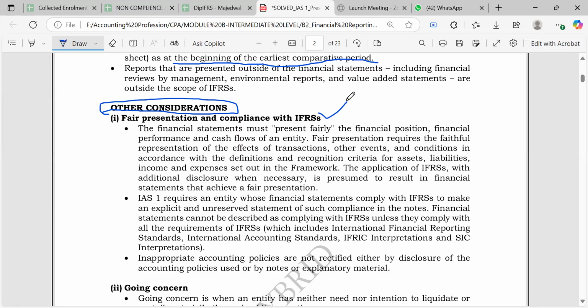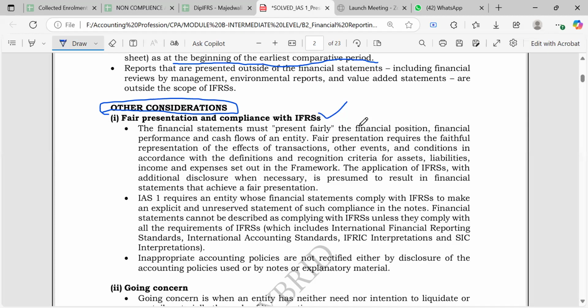So if you do comply with the IFRS, we presume that you have also made fair presentation. That's why we say here the financial statements must present fairly the financial position, the financial performance, which is the statement of profit or loss and other comprehensive income, and the cash flows of an entity.